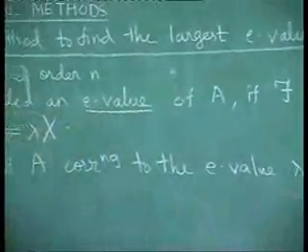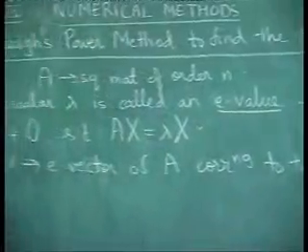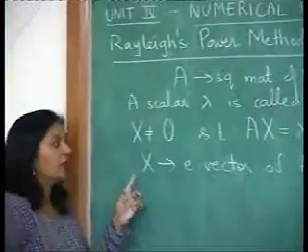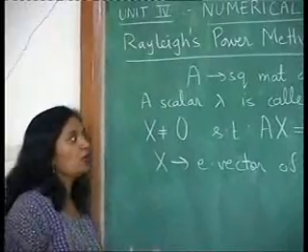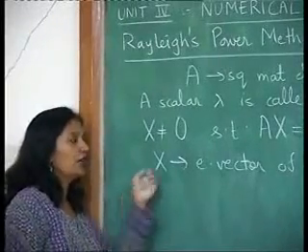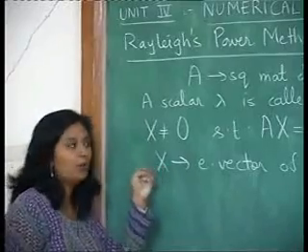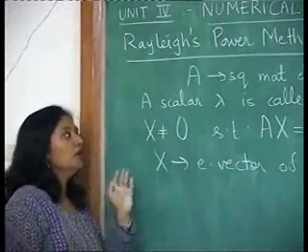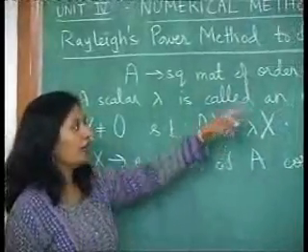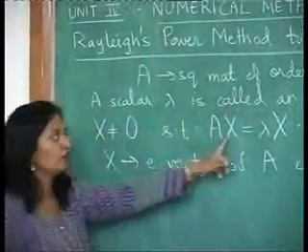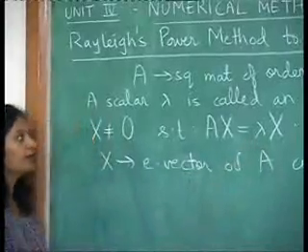I had explained earlier in that unit why the eigenvector is never allowed to be 0. However, the eigenvalue can be 0. So, by definition, an eigenvector is never allowed to be the 0 vector. So, a scalar lambda will be called an eigenvalue if we can find a non-zero column vector for which this equation is satisfied.